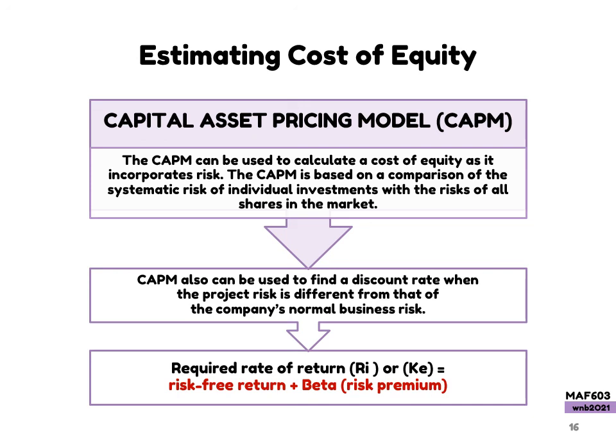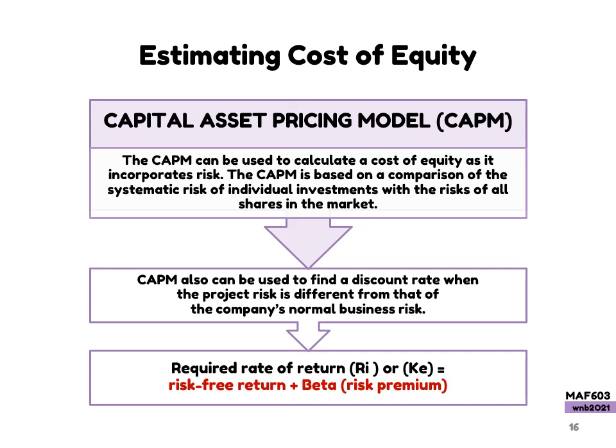So kita punya risk sekarang, existing risk tak sama dengan the next project yang kita nak undertake tu. So bila ada that kind of situation, you boleh guna CAPM untuk estimate the cost of equity for the new project. And you should still ingatlah macam mana formula nak cari required rate of return or kita punya KE, the cost of equity, using CAPM.